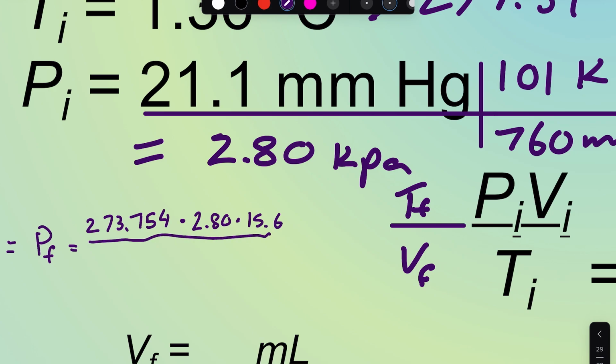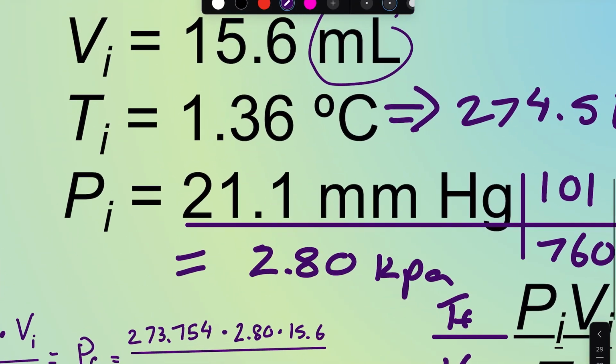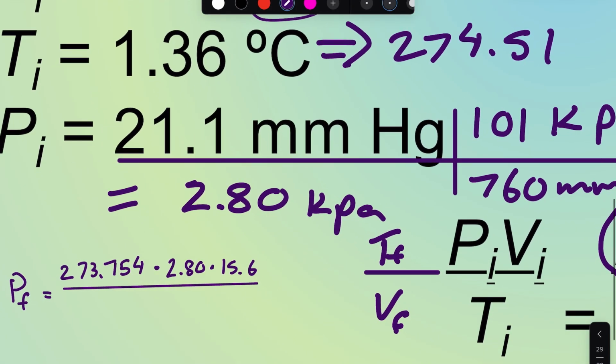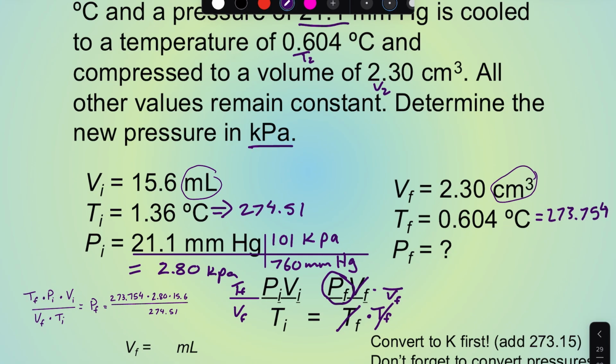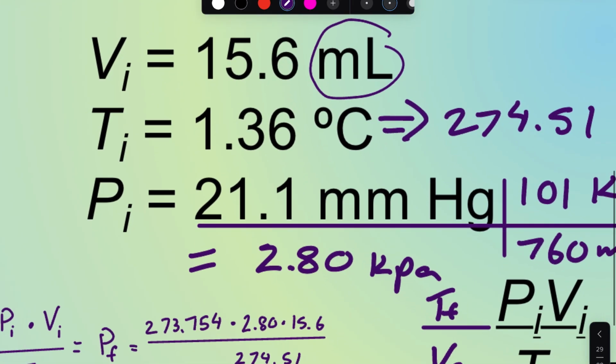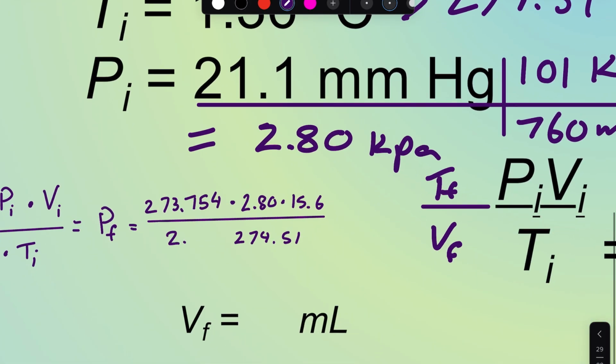And we'll divide that by our VF times TI. So TI is 274.51, and our VF is 2.30. We'll multiply those together in the middle, and that is how we are going to get the value.